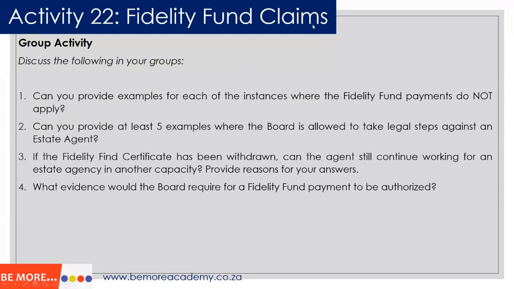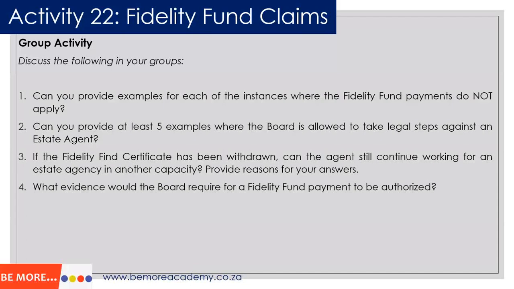Okay, now the Fidelity Fund claims. Can you provide examples for each of the instances where the Fidelity Fund payments do not apply? Can you provide at least 5 examples where the board is allowed to take legal steps against an estate agent? If the Fidelity Fund certificate has been withdrawn, can the agent still continue working for an estate agent in another capacity?